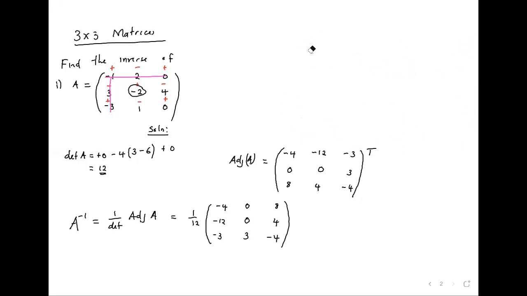So we get the cofactor matrix of A, which is, for the cofactor we put plus, minus, plus, minus, plus, minus, plus, minus, plus.